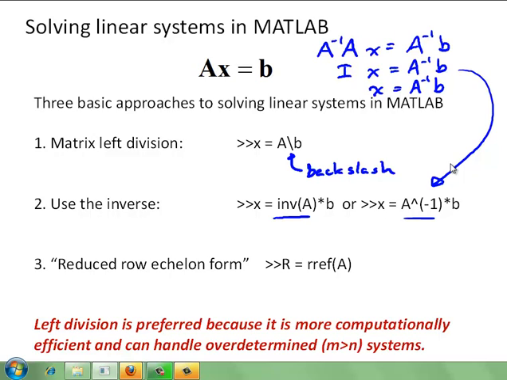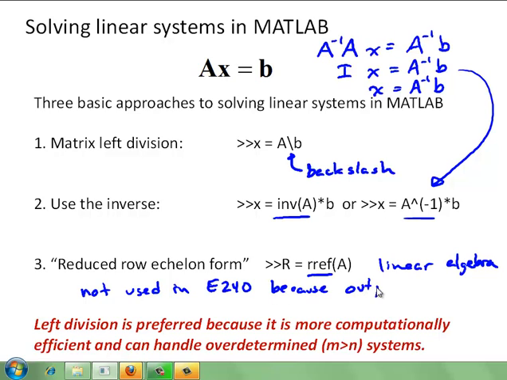MATLAB can also return what's called reduced row echelon form using the rref function, and I'm going to leave that to your linear algebra. It's common in linear algebra, but one of the reasons that we won't use this in Engineering 240 is because the output is not a simple vector of x values.